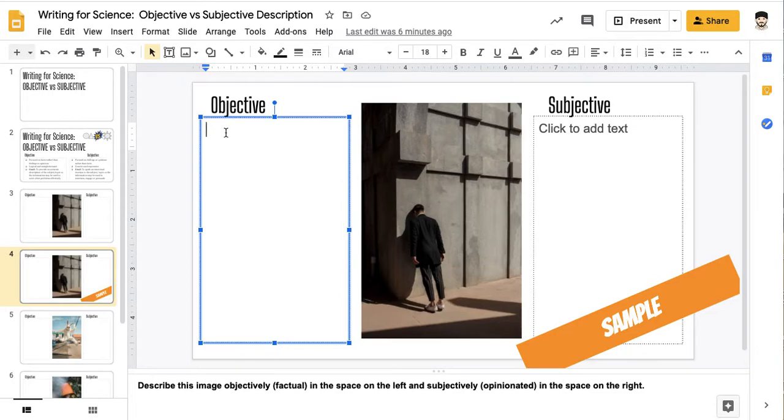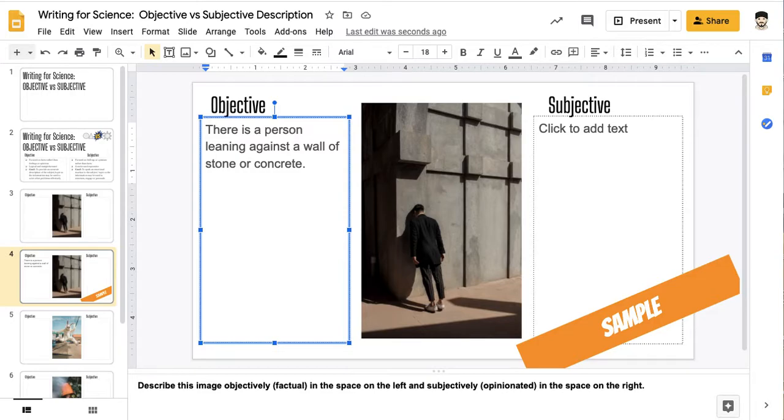So, objective language about this. There is a person leaning against a wall of stone or concrete. It is a little difficult to discern if it's concrete or stone. I'm pretty comfortable saying it's concrete, but I don't know it's certain.